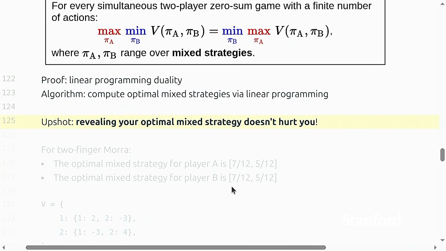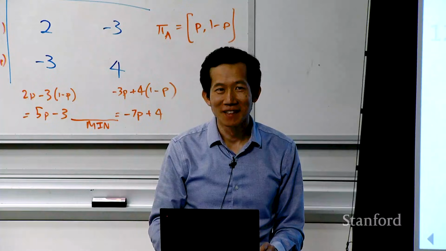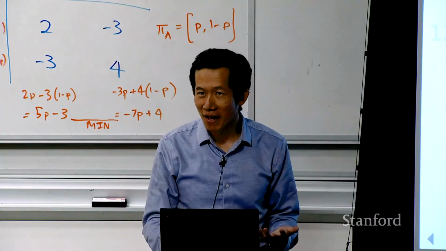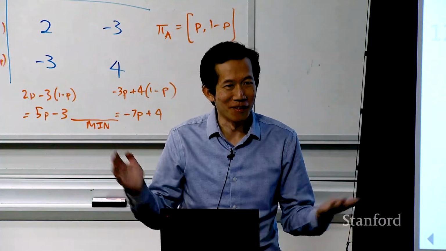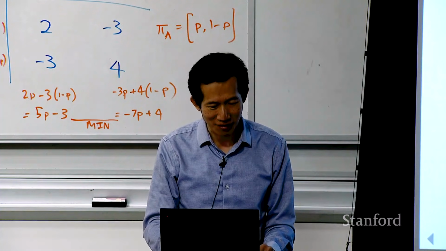So answering the poll question from before, you can go ahead and announce to all your friends that for two-finger Mora, this is the strategy you're going to play: 7/12 on 1, 5/12 on 2, and you won't suffer. Okay. So it's sort of bizarre that it works out, but it's math, so you can check the math, but then once you've checked it, you kind of have to trust it.